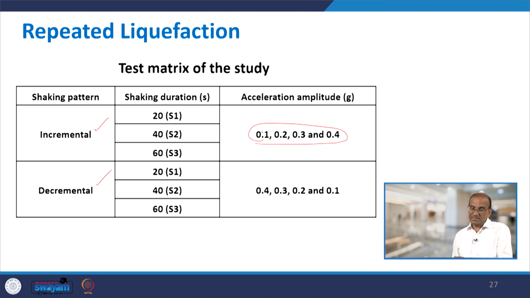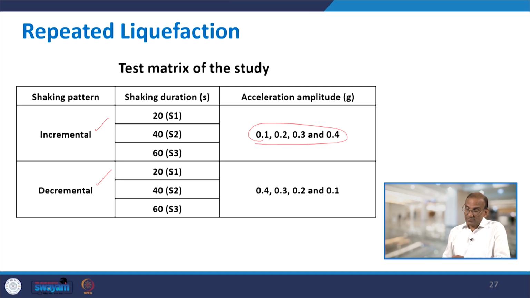That means for each shaking duration you select 4 acceleration amplitudes in incremental. One is starting from 0.1 g, then 0.2 g, 0.3 g, 0.4 g, and here you need to understand that the same sample which is subjected to a shaking of 0.1 g will now be subjected to 0.2 g and again 0.3 g, like this.